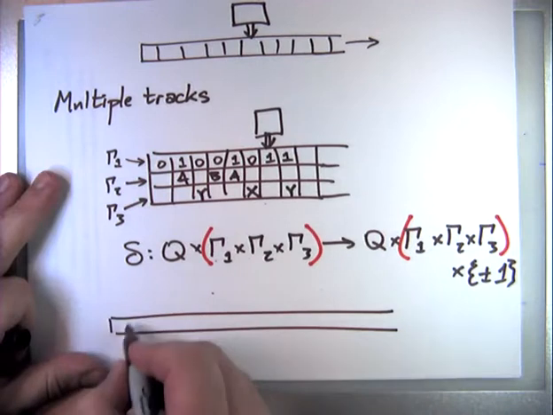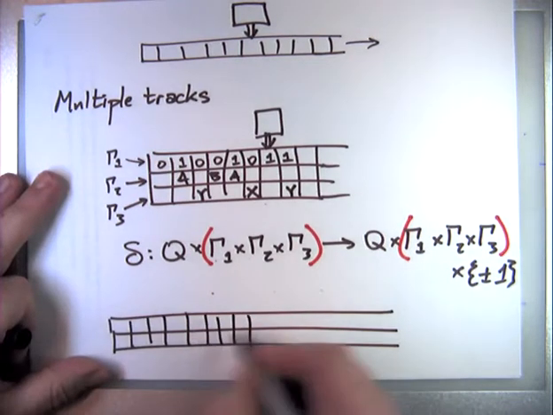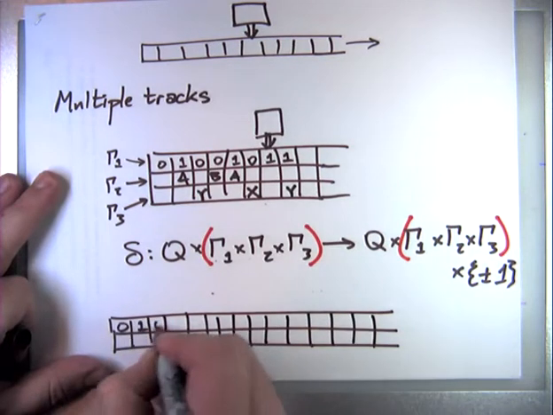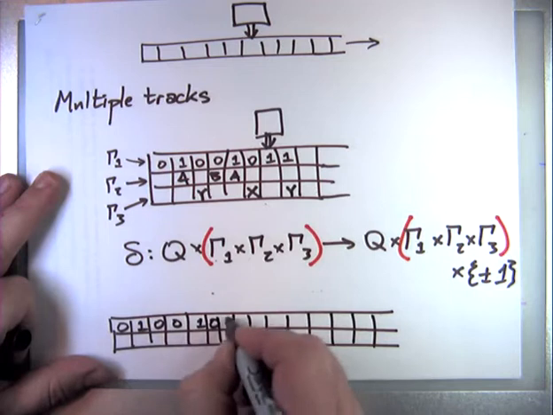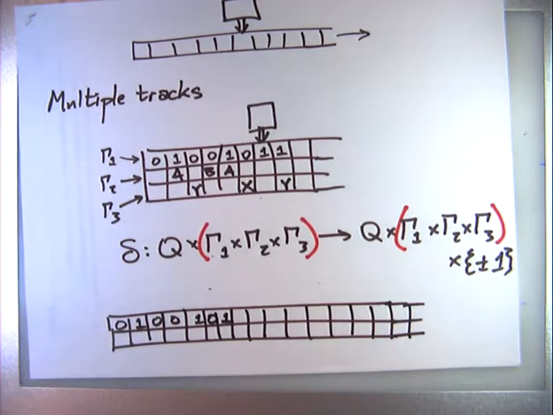I'm not going to show you the actual states, but I want you to imagine now. Suppose I wanted to copy this input string 0100101, and I wanted to make a second copy of that string somewhere else.